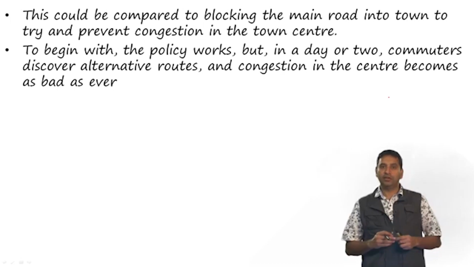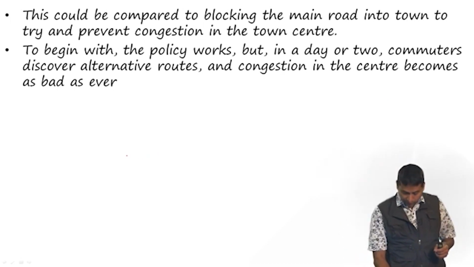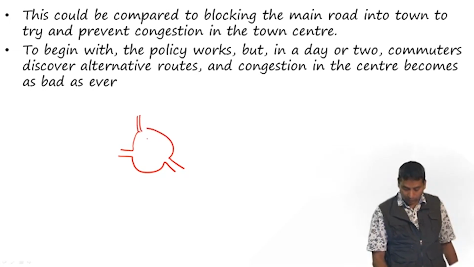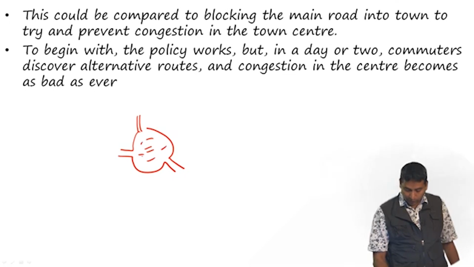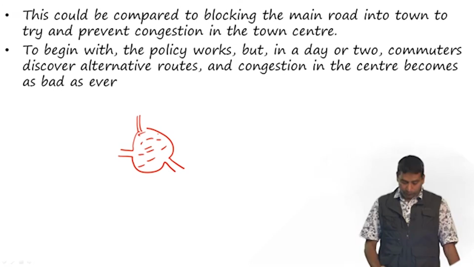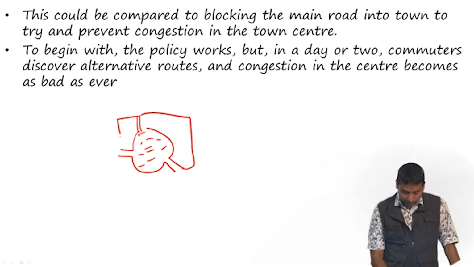The analogy that we are looking at is, for example, if there is a town center, let us say that this is the center of the town and we want to reduce the traffic in this area. There are three major roads that are connecting this area.